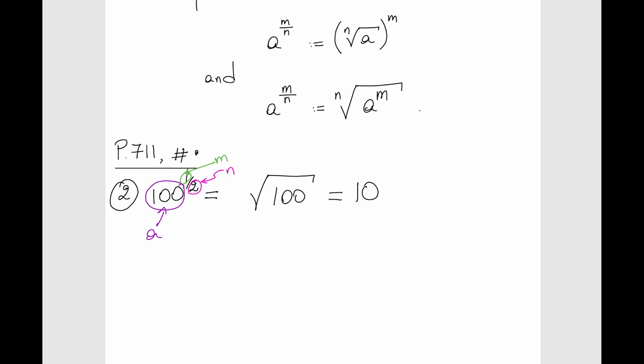All right, let's do another one. Let's do number 16. We have the base negative 27, and the power is 2 over 3. All right, so the base is negative 27, so this is the a, and the m is 2, the n is 3.